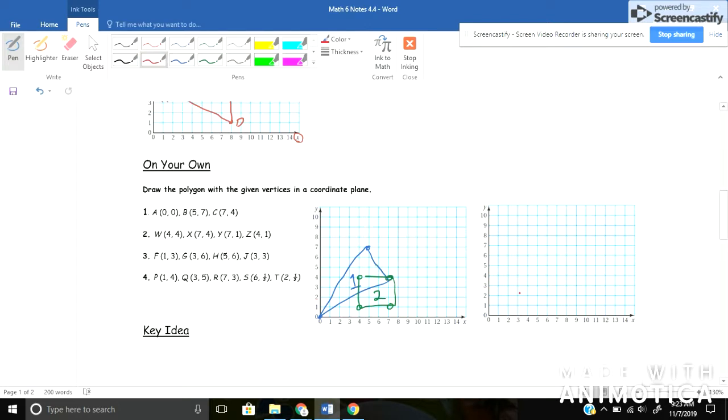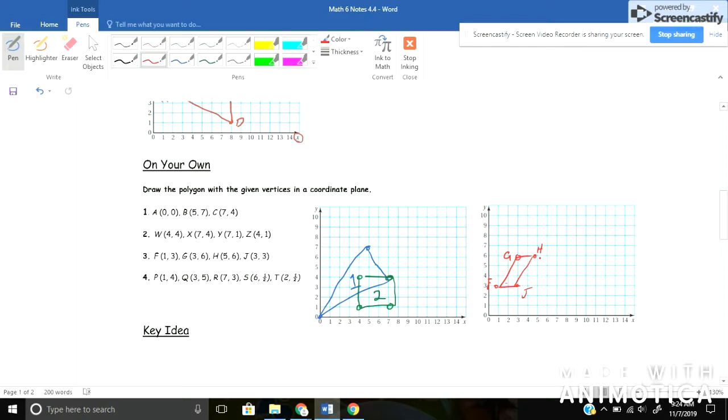Number 3, I have 1, so over 1 up 3 for letter F. I have 3, 6, which would be letter G. I have 5, 6, which is letter H, and I've got 3, 3 for letter J. Okay, and here, this shape, I have a parallelogram.